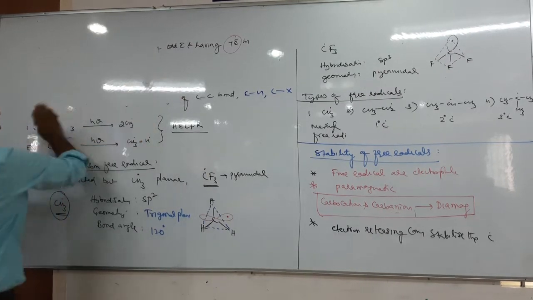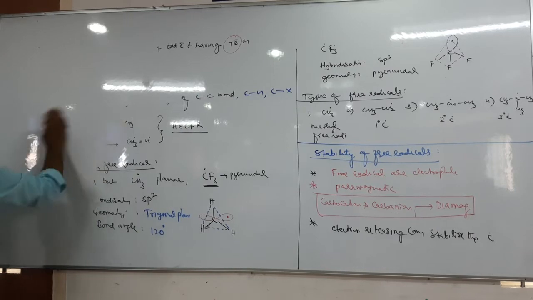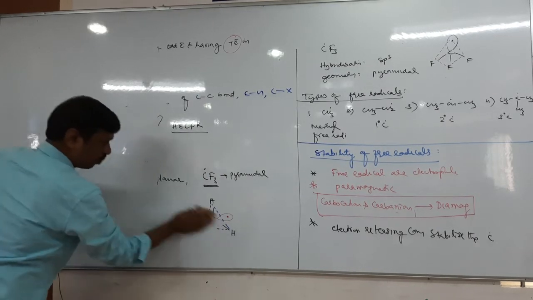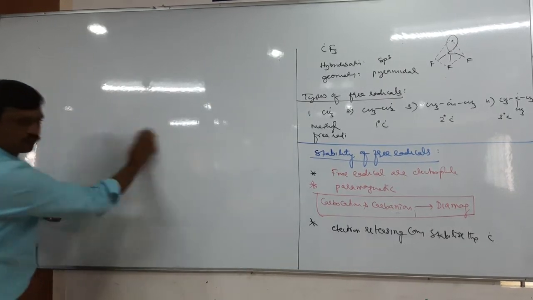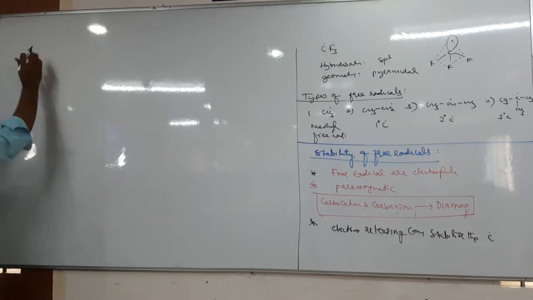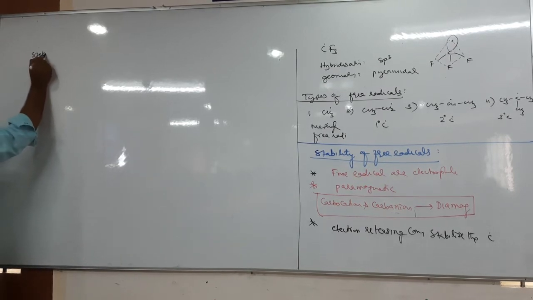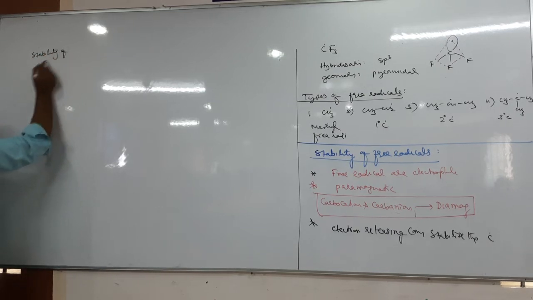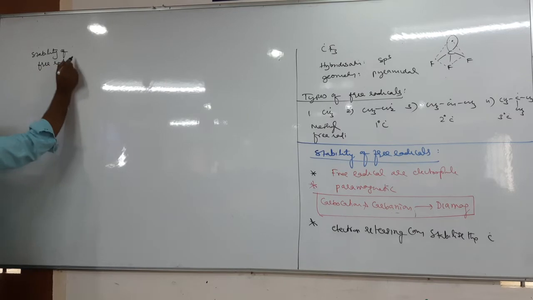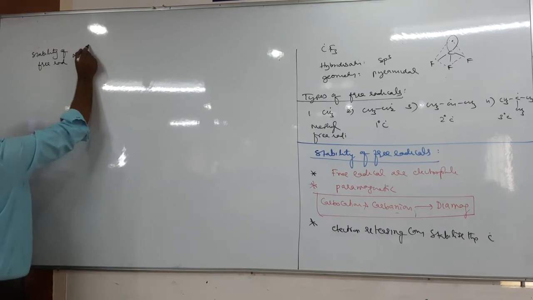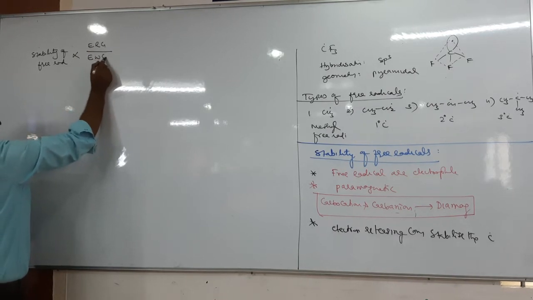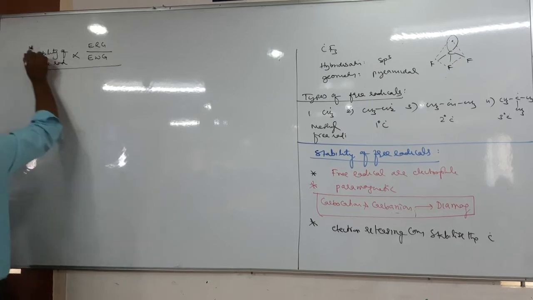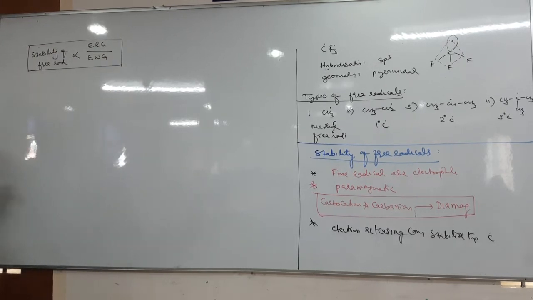The stability of a free radical is directly proportional to electron releasing groups and inversely proportional to electron withdrawing groups. Okay.